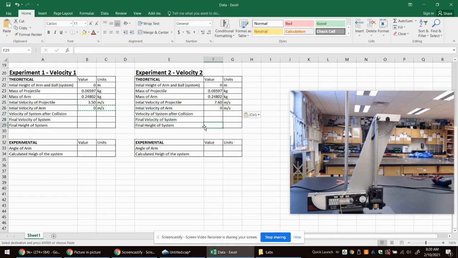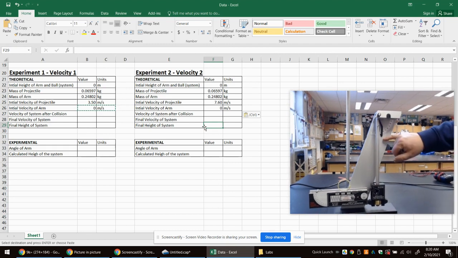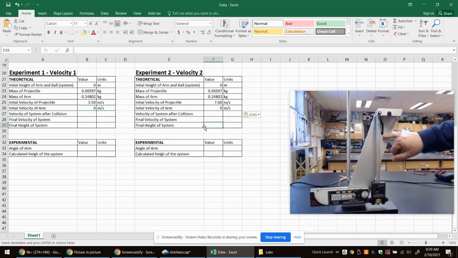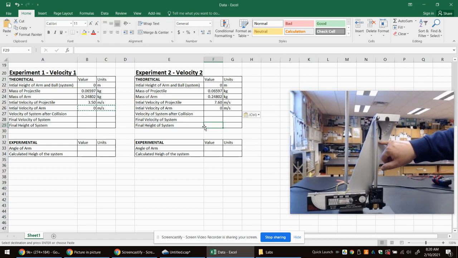And we're going to fire the projectile. So I come over, I grab the string, we fire. We then can come down and see that this is sitting at about 26 degrees.